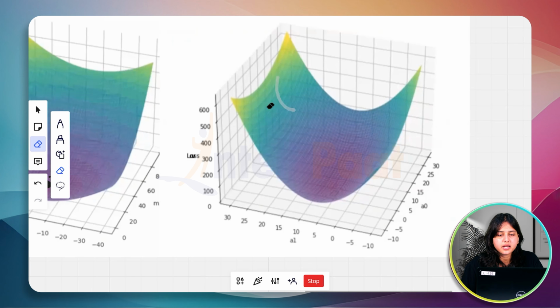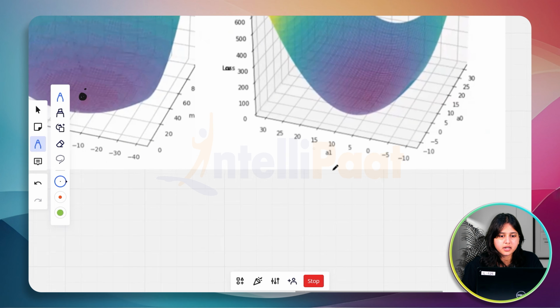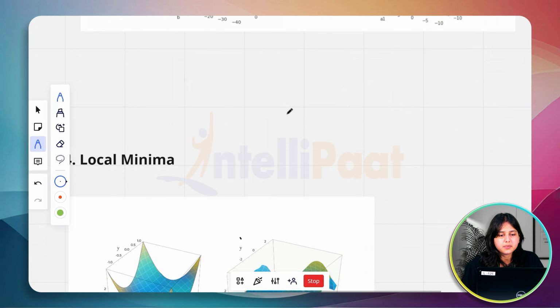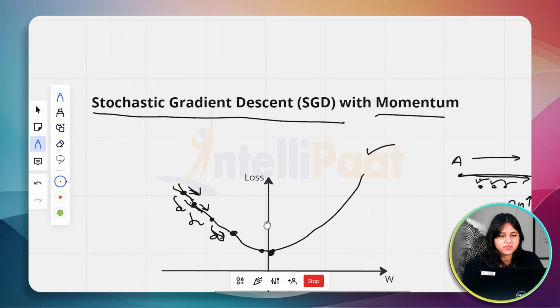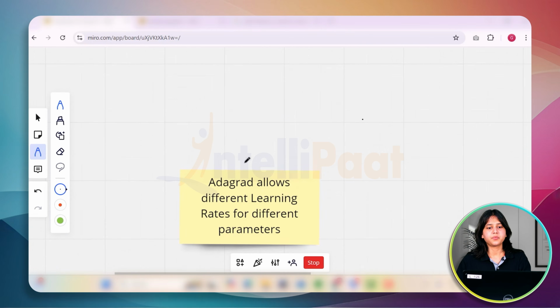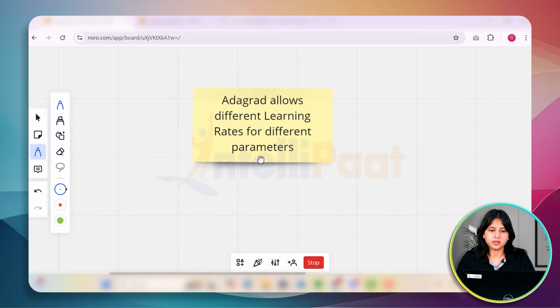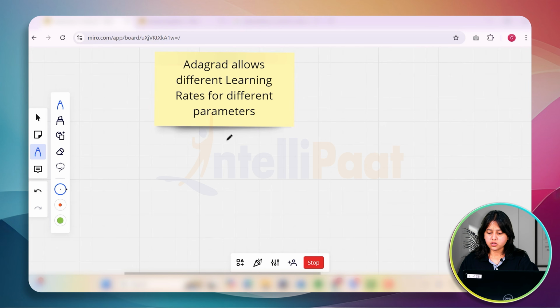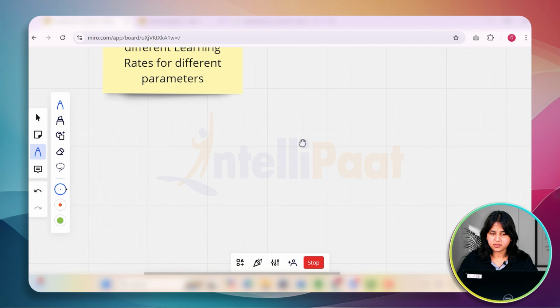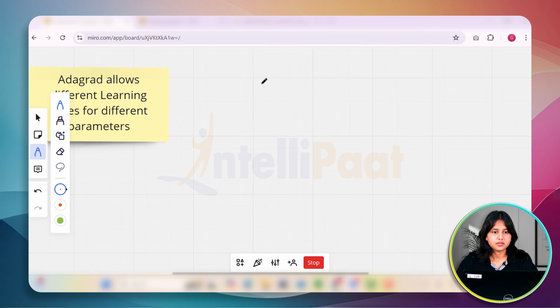So this forms like an elongated valley. This happens in case of sparse features. We will not go into much detail, but what AdaGrad does is it allows different learning rates for different parameters.